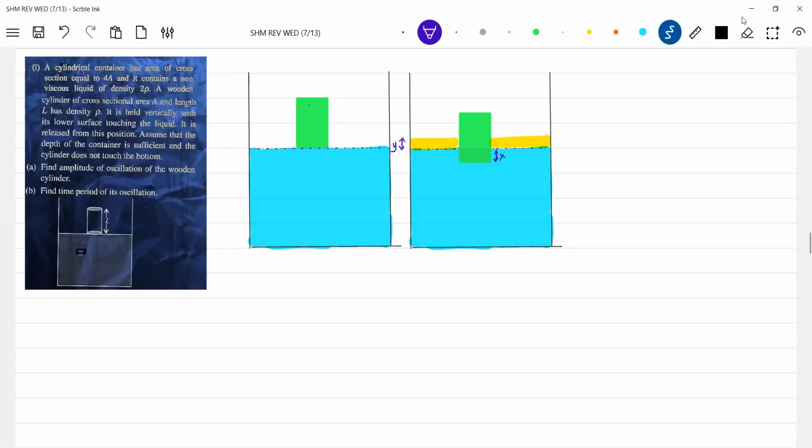What is the area of cross section of this? A. So shall we go for the volume immersed, which should be equal to the volume of displaced liquid. What is the volume of displaced liquid? 4A minus A into Y.